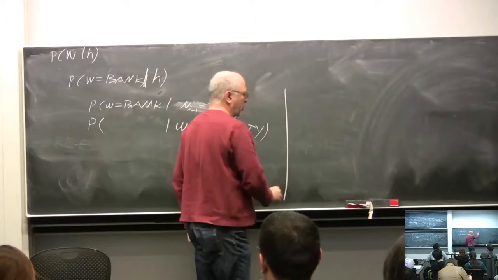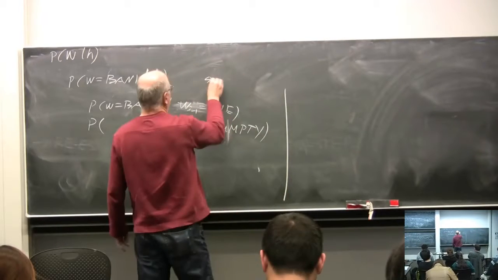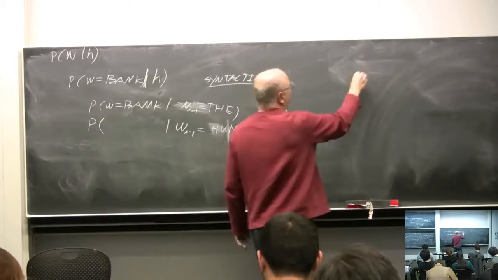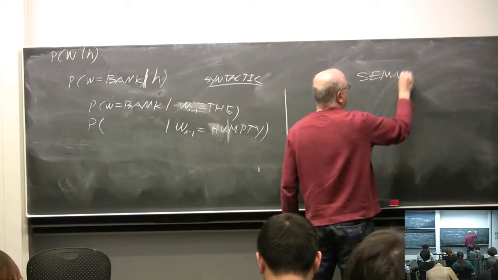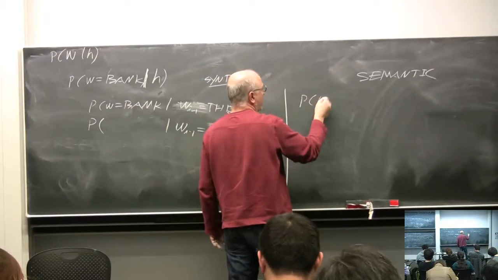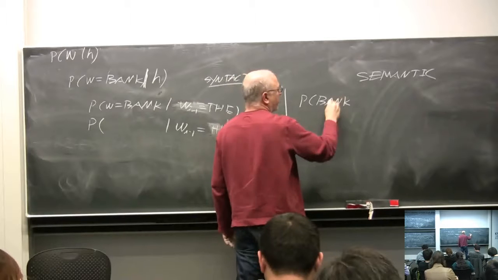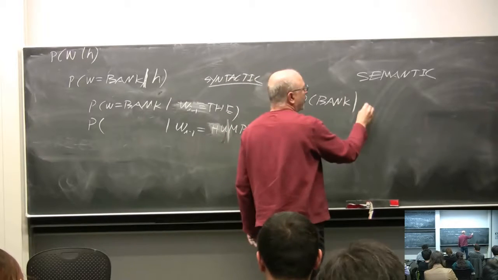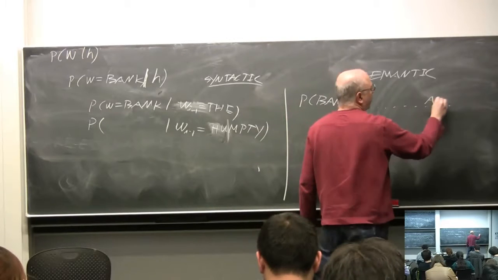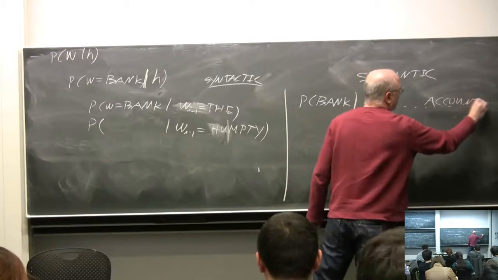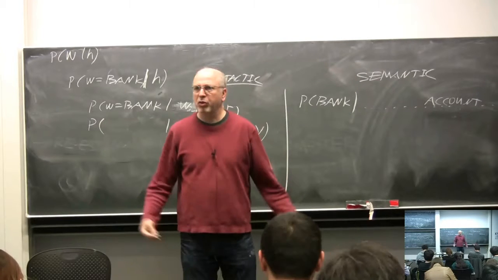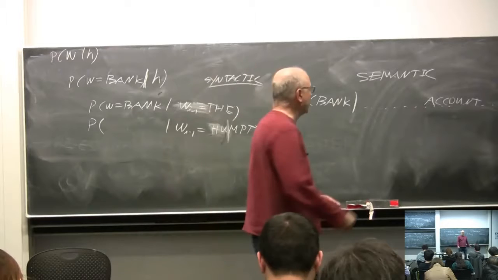And now I want to consider a different source of information. So this is syntactic. Here I'm going to have semantic. The probability that the next word, I'm just going to write it P of bank, meaning the probability that the next word is bank, conditioned on somewhere in the history there was the word account, or some other bank-related word, interest or teller.